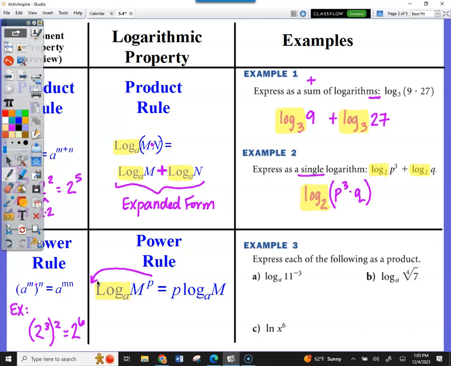If you have a different highlighter, that would be great. I can do this, so I'm going to erase mine. If you don't have, I know you can't necessarily erase your highlighter unless you buy the ones that erase, and they do erase. But you could highlight in a different color the P, and then highlight over here in that color to represent where it moves. It moves to the front. It becomes like a coefficient. So it's multiplying times the log.